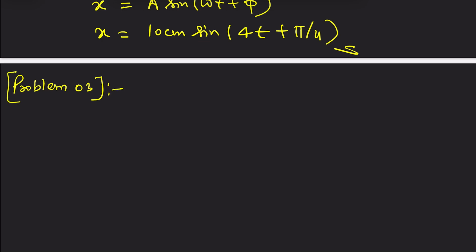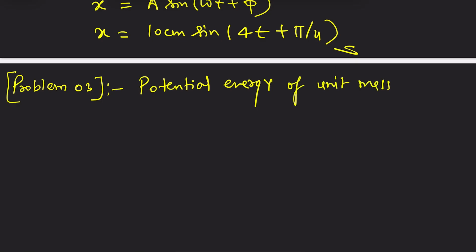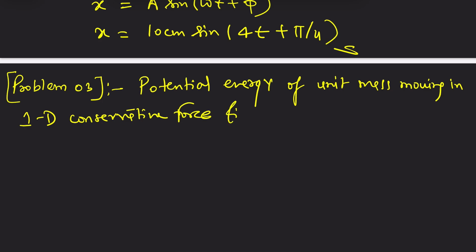So what this problem number 3 says, guys, is that the potential energy of a unit mass moving in a one dimensional conservative force field is given by U is equal to x square minus 4x plus 3.